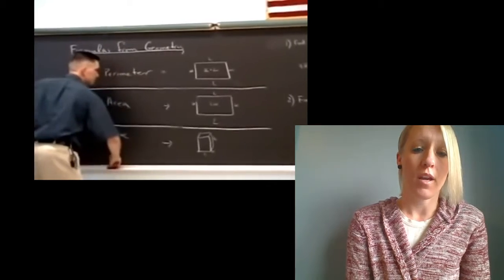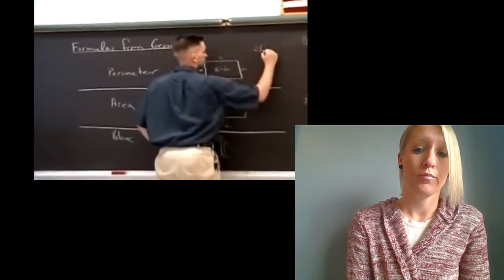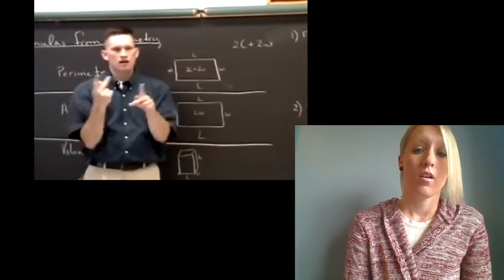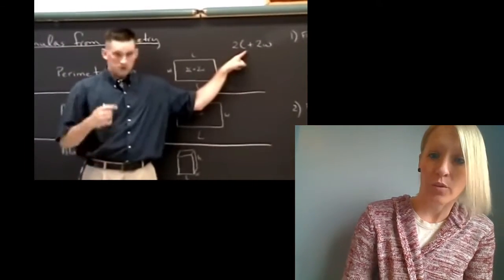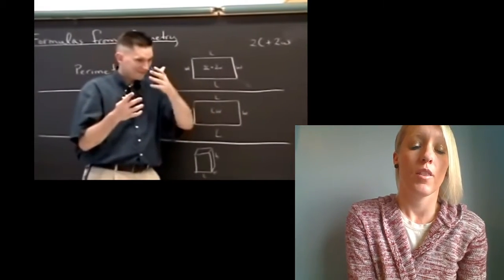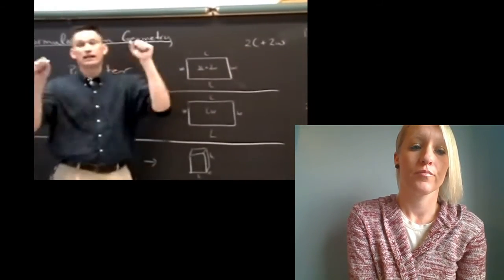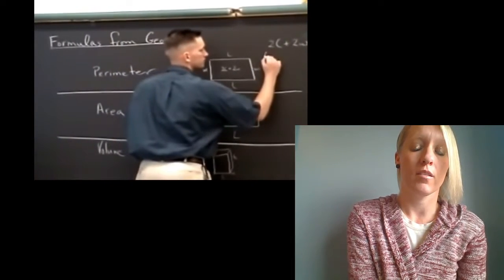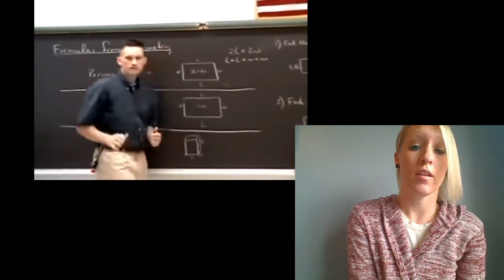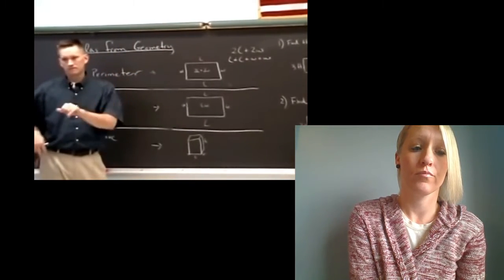And there's several different ways to find the perimeter and how many feet that would be. The first way would be 2 lengths plus 2 widths. That would be one way to find the perimeter of something. There's another way to find the perimeter. You would use the length plus the length plus the width plus the width.